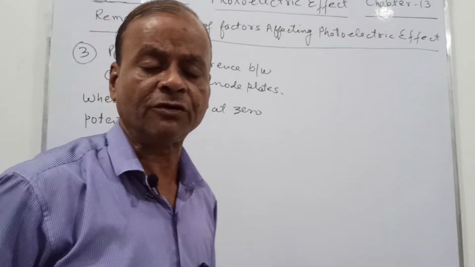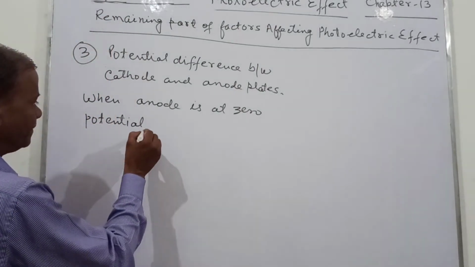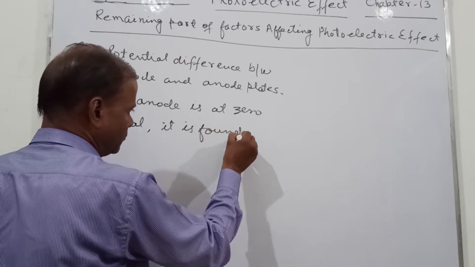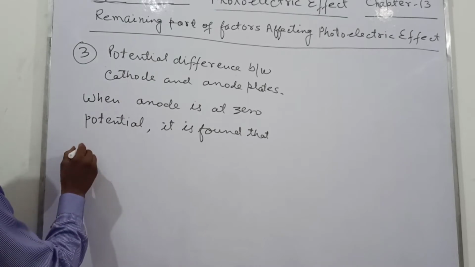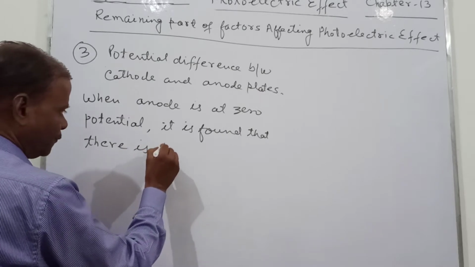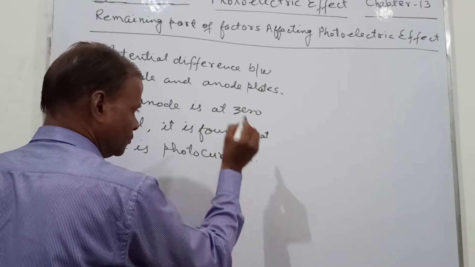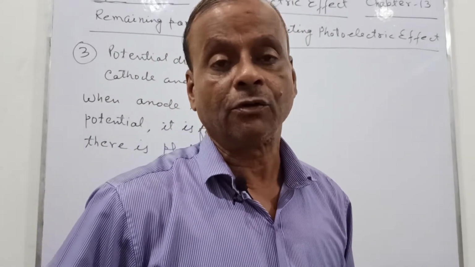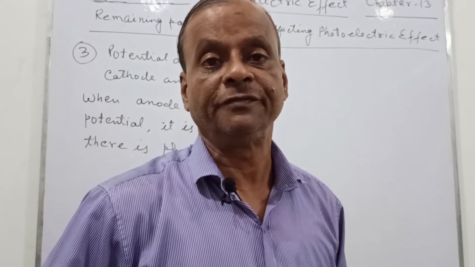It means that potential is not applied on the anode. It is found that there is photocurrent. It means that the electrons emitted from the cathode are reaching the anode. So they are giving the photocurrent.